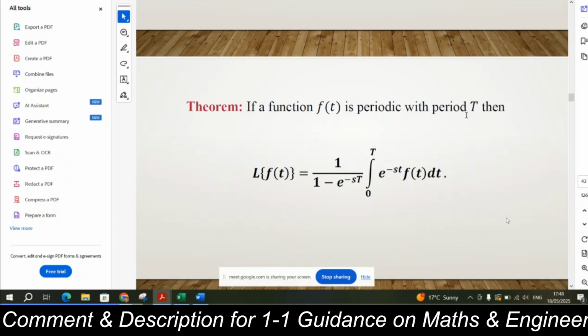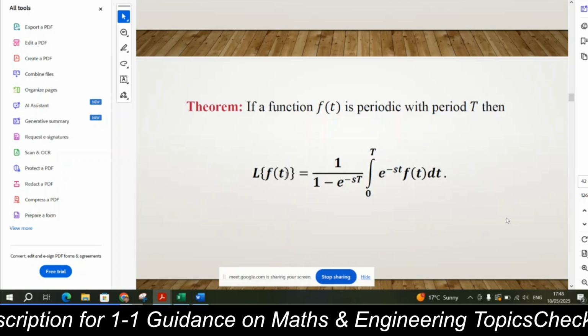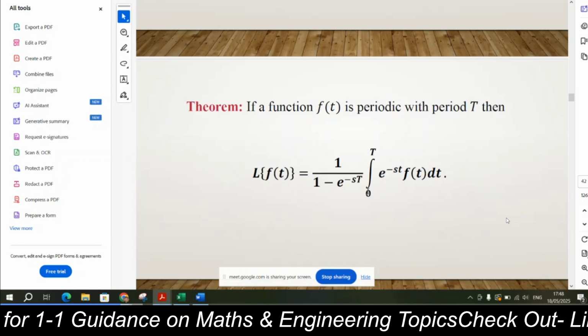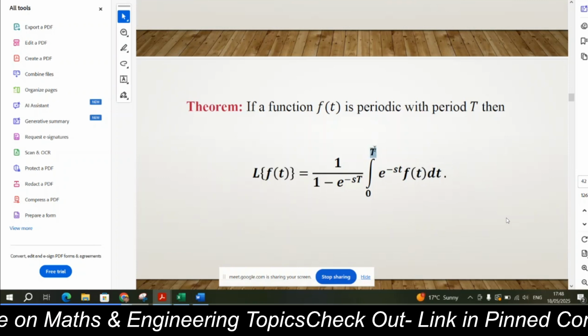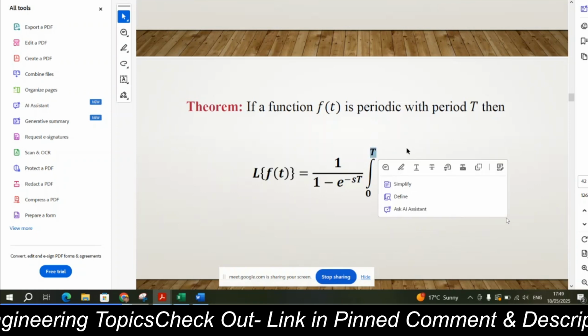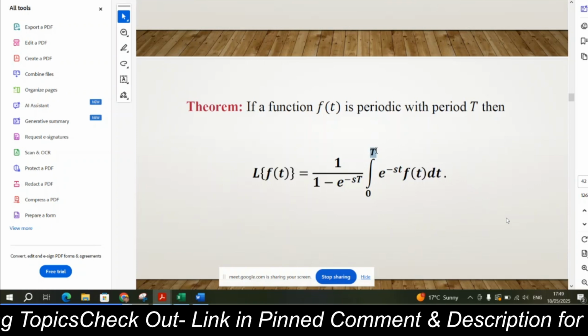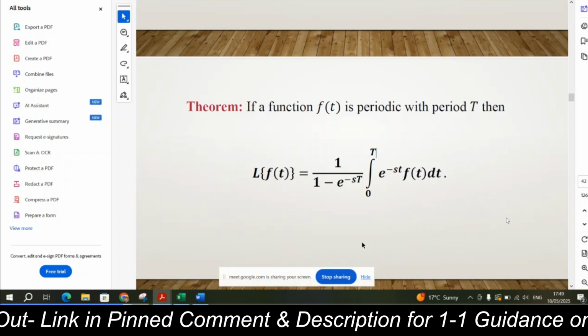Let's proceed further. If a function f of t is periodic with period T, then the Laplace transform of that function is given as 1 over 1 minus e raised to minus sT, times the integral from 0 to T of e raised to minus st f of t dt. Now you understand that in a Laplace transform, the upper limit is usually infinity. Because we are changing the limits, what is happening?